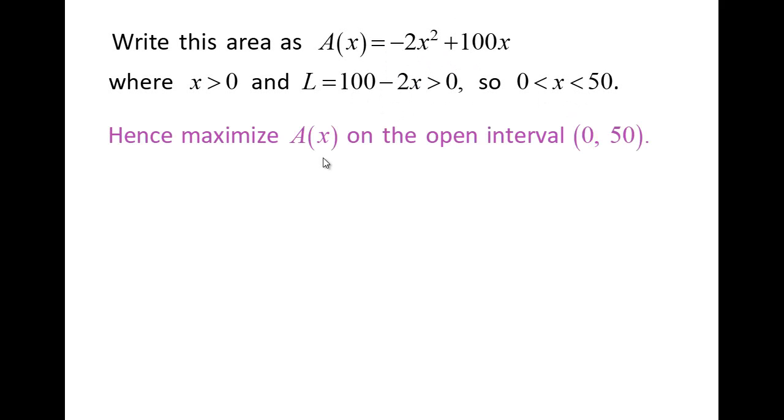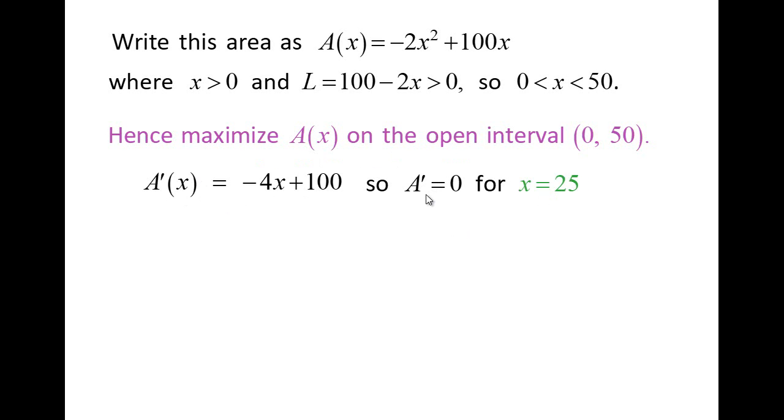So again, we find the derivative of this function, which would be negative 4x plus 100. The critical point would be when x is 25, because that's when the derivative is 0.